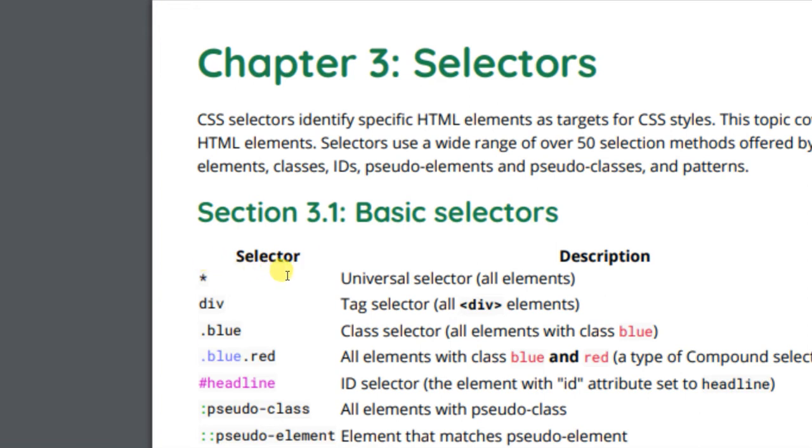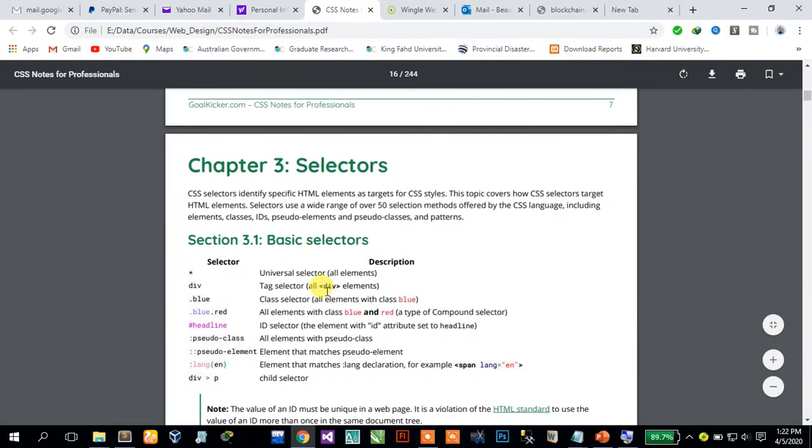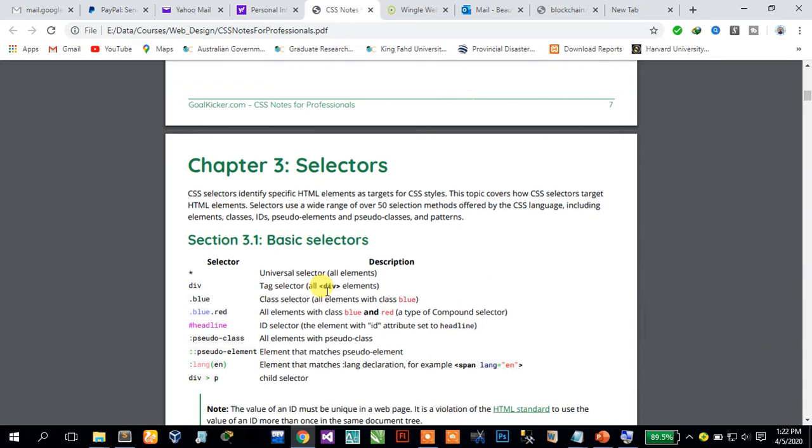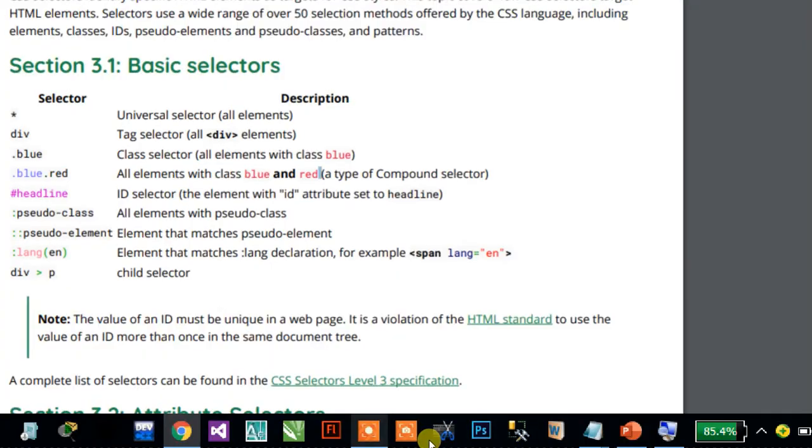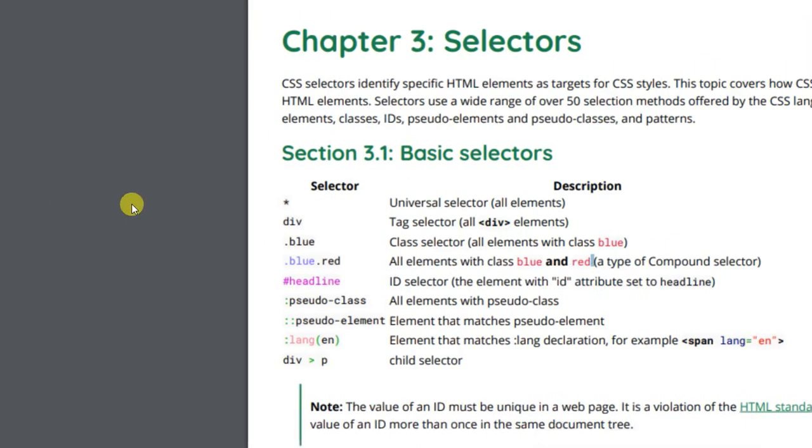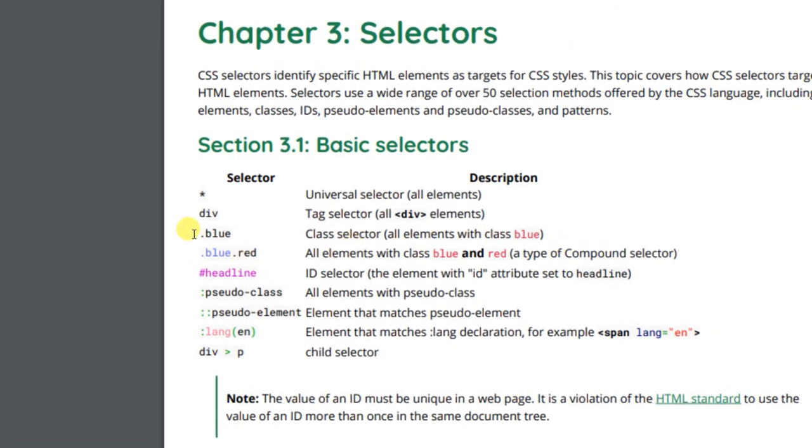Star is the universal selector for all elements, div is a tag selector for div elements, dot is the class selector. This is also basic selectors: star, dot, hash.